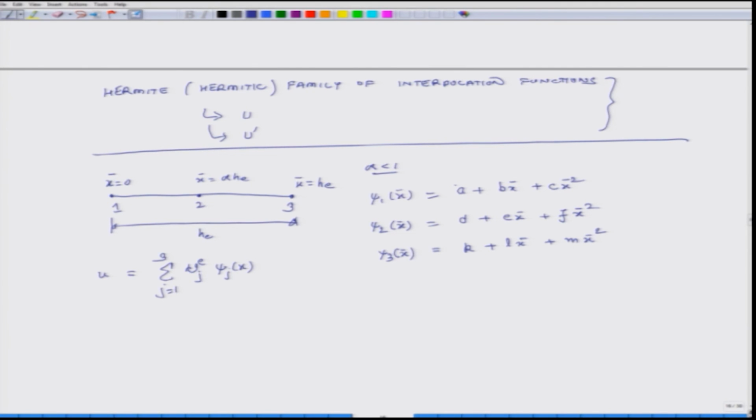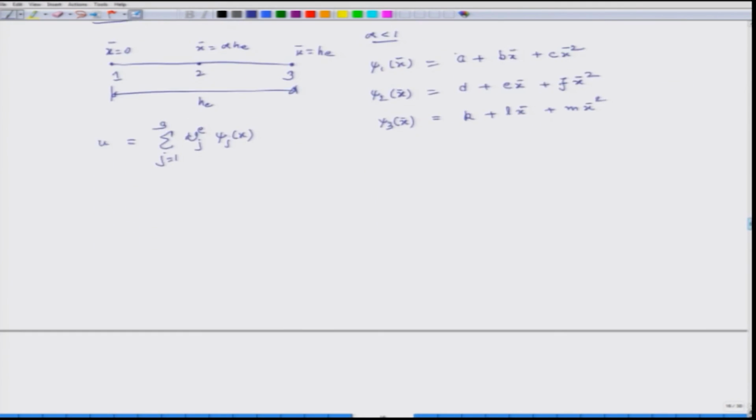So, very much similar to what we did in the last case, we will develop conditions. We have to develop 9 different equations, so that we can find these 9 unknowns a, b, c, d, e, f, k, l, m.